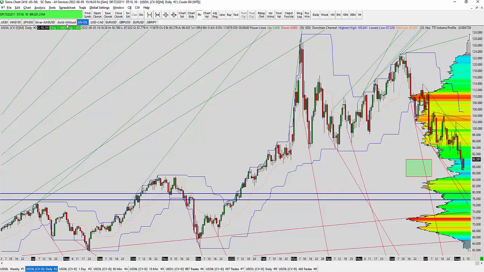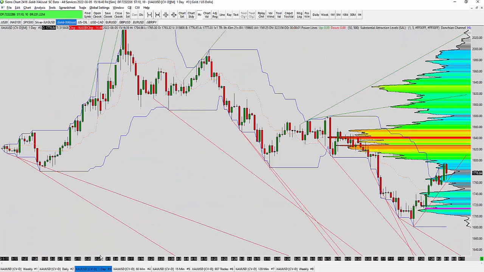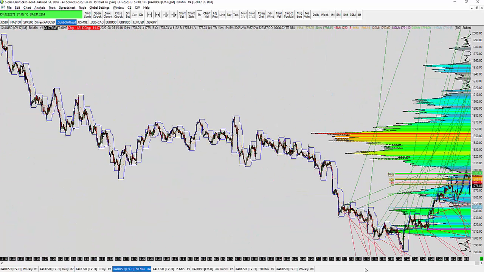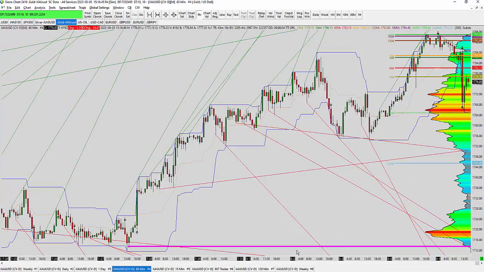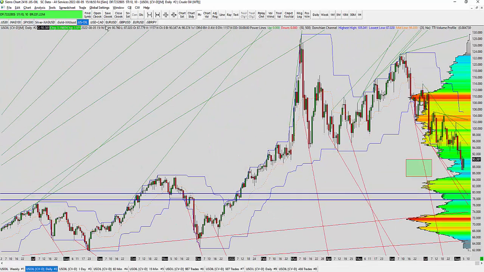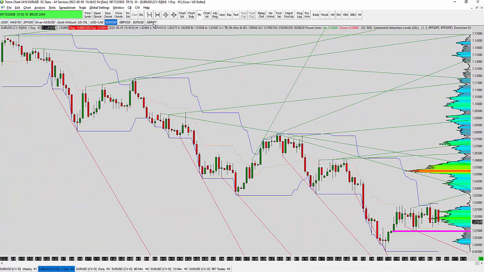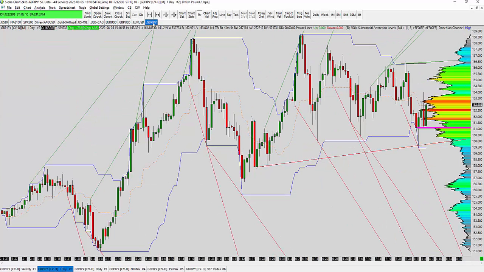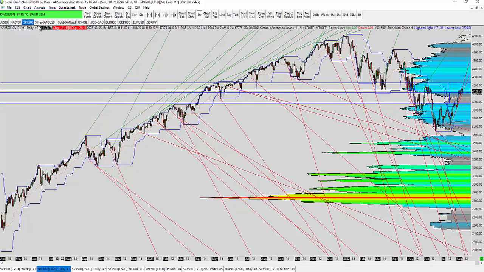For example, I look at gold here, gold 60-minute chart. How beautiful this is! How nice the gold is looking here. I'm looking at U.S. oil. I'm looking at Euro US, Pound US, looking at SPX 500. I like SPX 500.